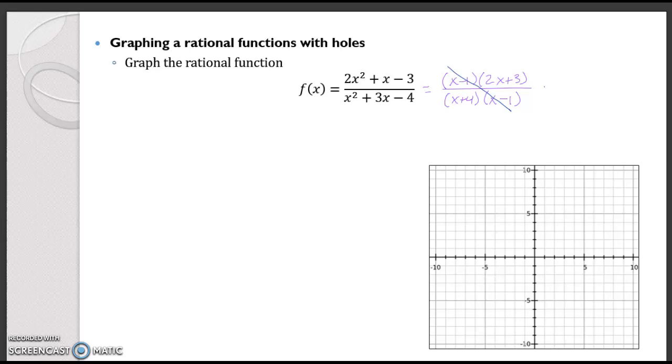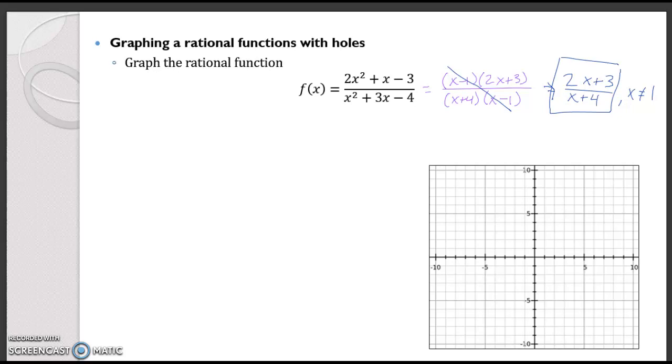So those are going to go to 1, and I'm going to get (2x + 3) over (x + 4). So f of x is equal to this function, except x cannot equal 1. Because if I plug in 1 to my original function, I'm going to get 0 on the bottom. So what I do is I graph this new function.